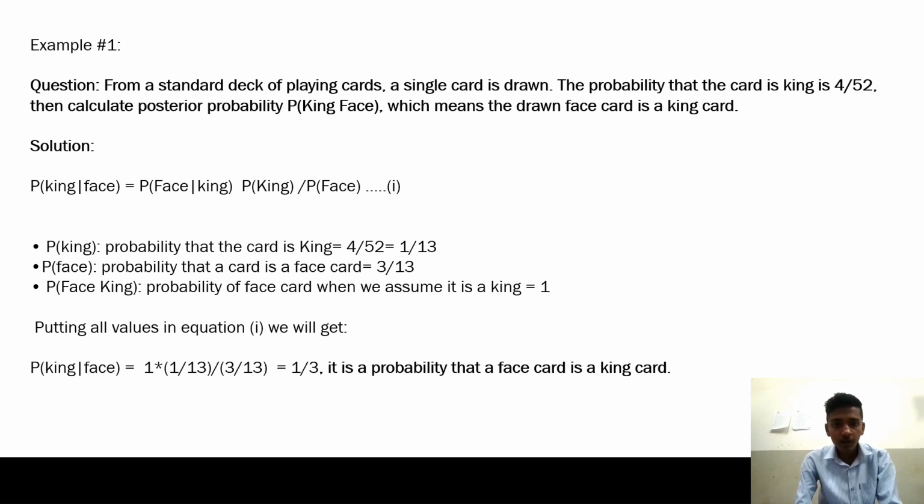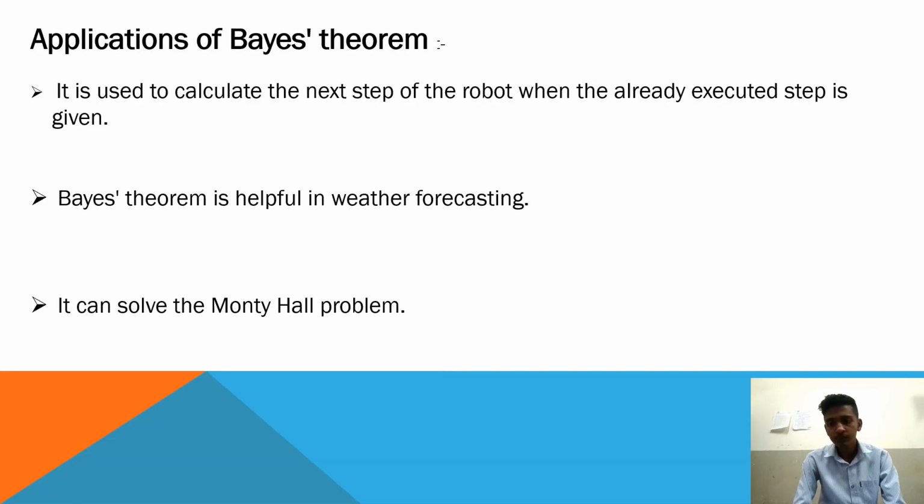We can equate these values as 1 into 1 divided by 13, whole divided by 3 divided by 13. So we can equate this and we will get the result as 1 by 3. That is the probability of king given face.